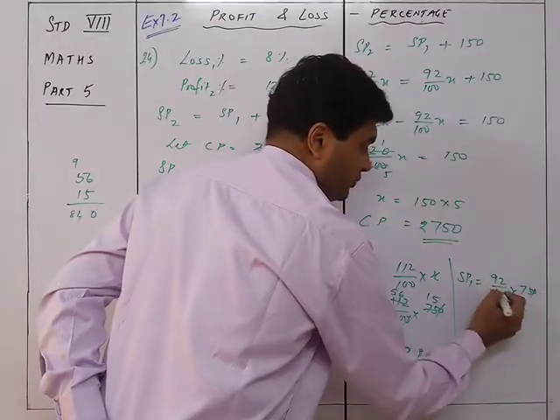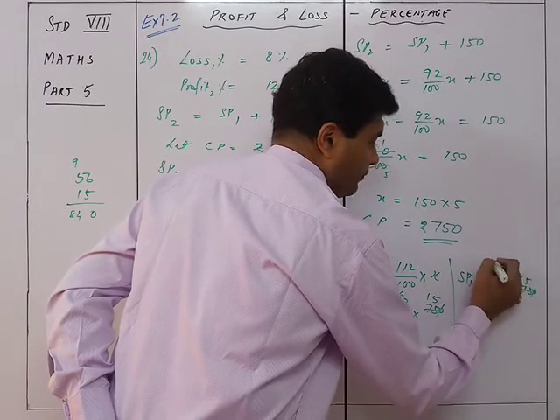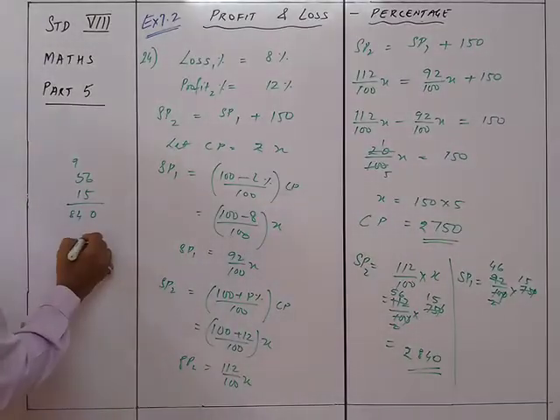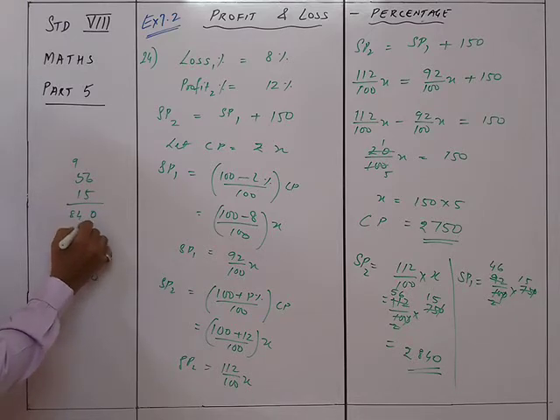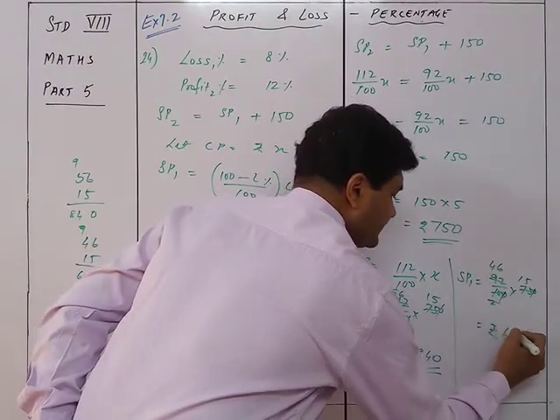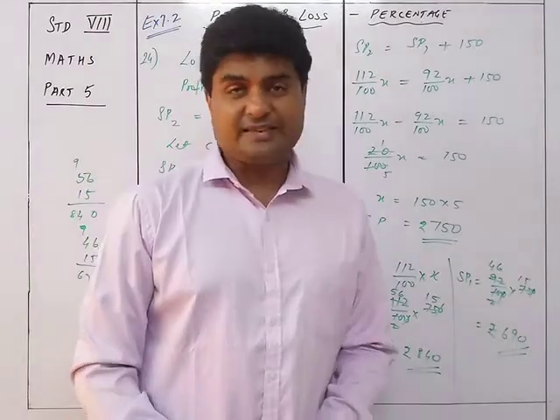So that will be 46 into 15, 15 4s are 60, 690. So that will be equal to rupees 690. So the answer given at the back is 690.